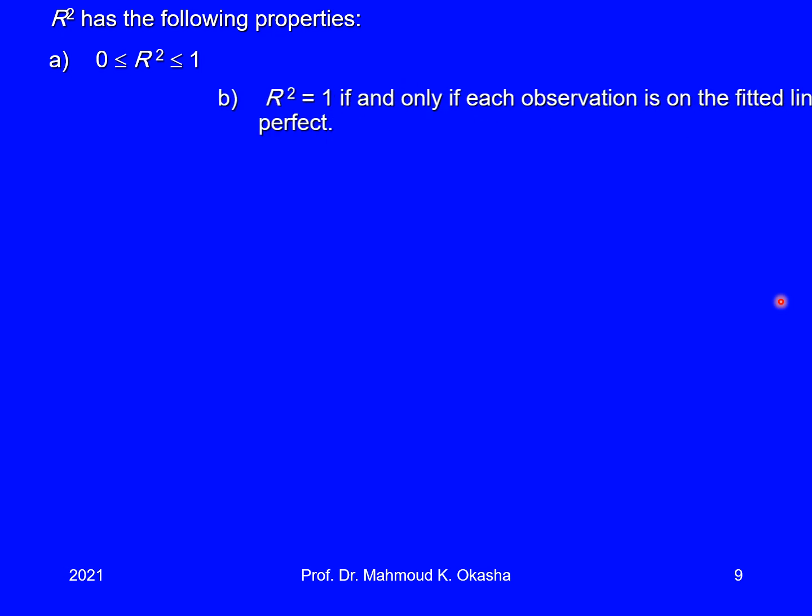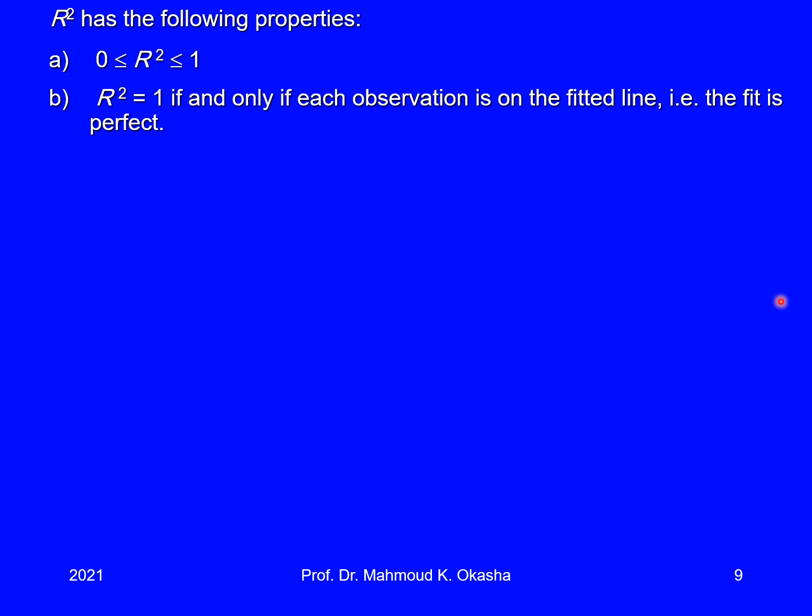So r squared has the following properties. First property of r squared is it goes between 0 and 1, or 0 and 100%. 100% is 1, right? R squared is not negative because it is a squared value.